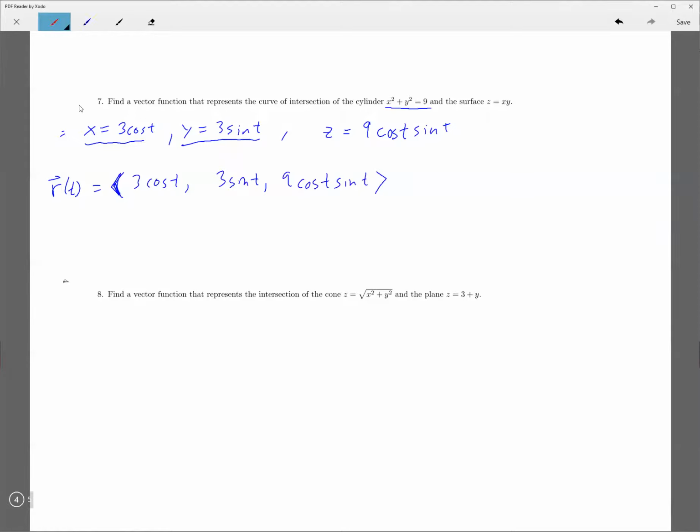Okay, let's look at number 8. Find a vector function that represents the intersection of the cone and the plane. So the cone z equals the square root of x squared plus y squared, and the plane z equals 3 plus y.